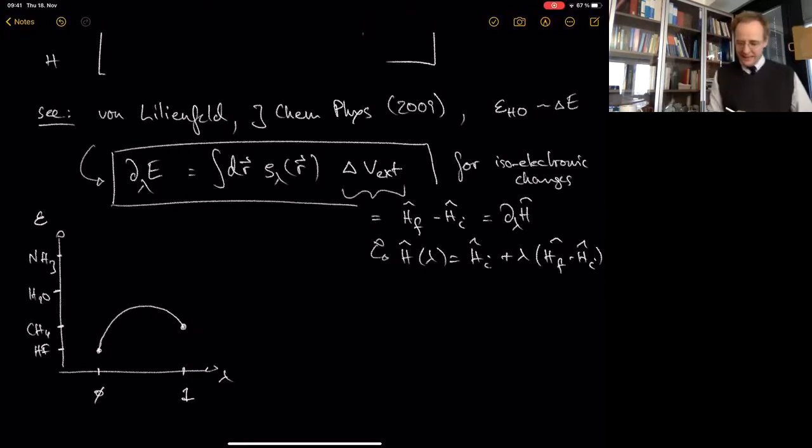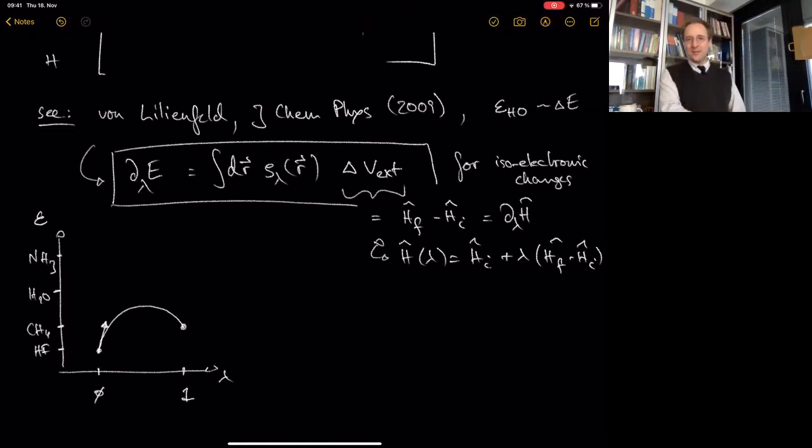Right? If you evaluate your derivative on HF, right, then the qualitative trend is right. The sign of the slope points in the right direction. But if you do this on methane, right, the qualitative trend of your first order derivative is wrong. It gives you the wrong sign.